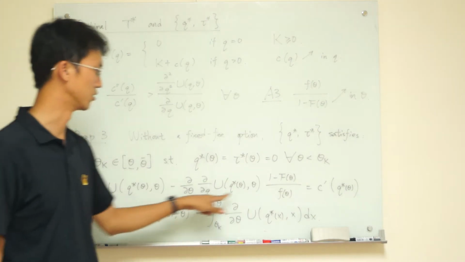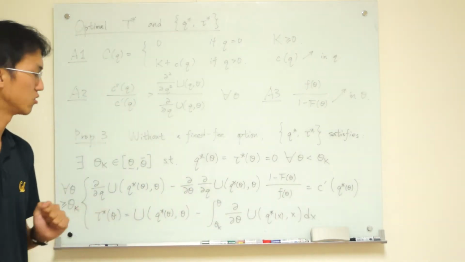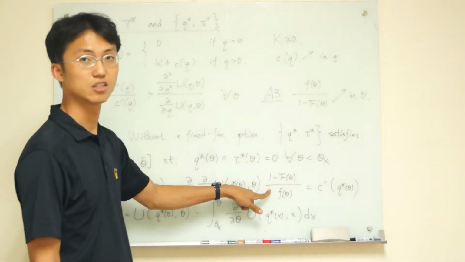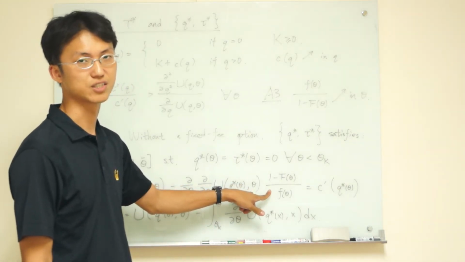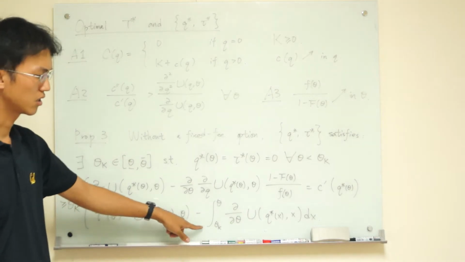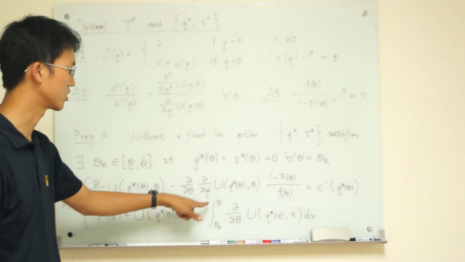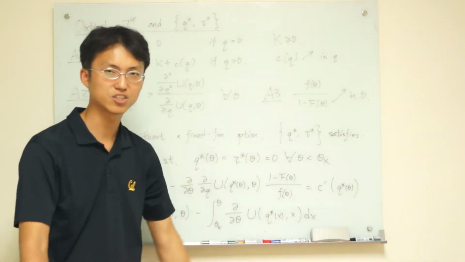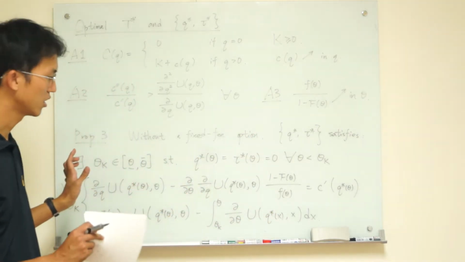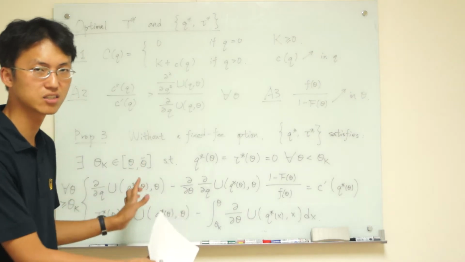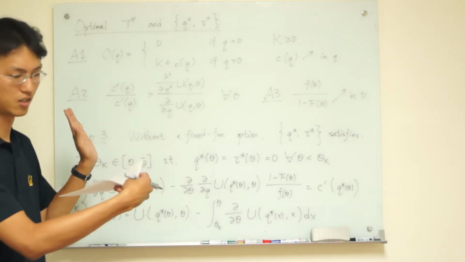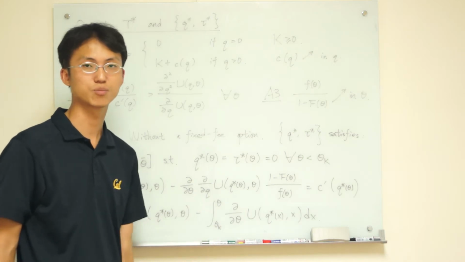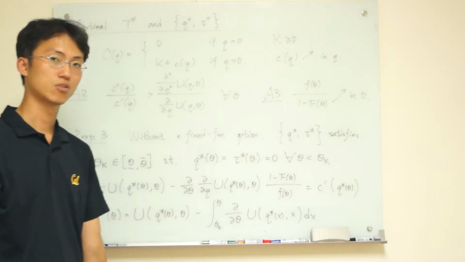Things are so ugly, right? But you see some familiar faces. First, the inverse failure rate. Second, a weird integration with theta as the upper bound. This somehow reminds you of our solution when we were doing the monopoly pricing problem, right?